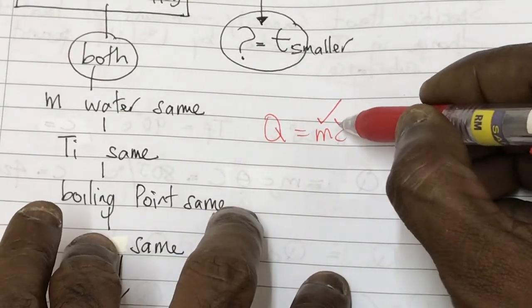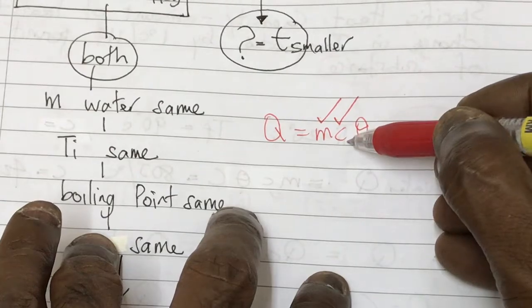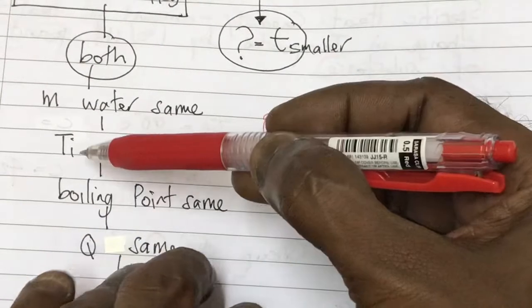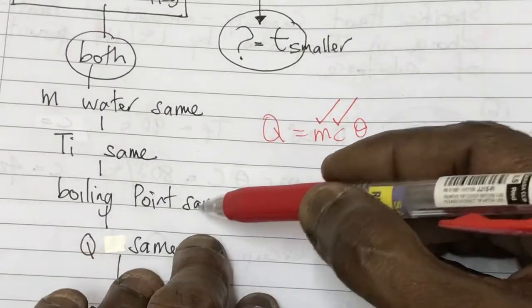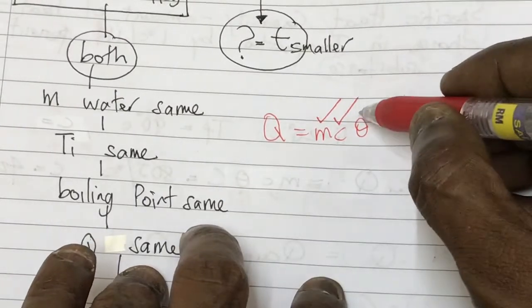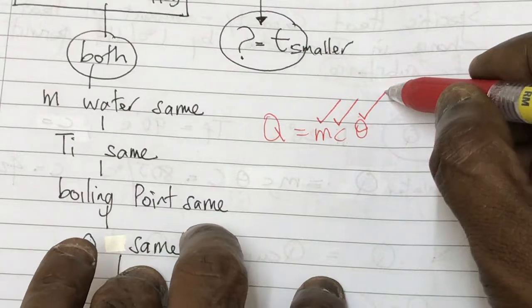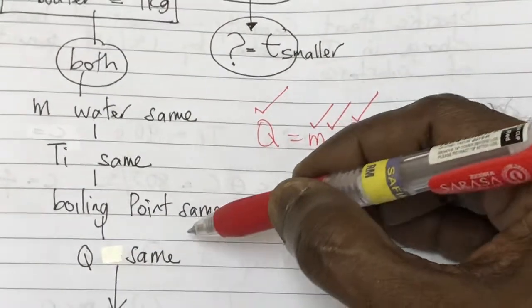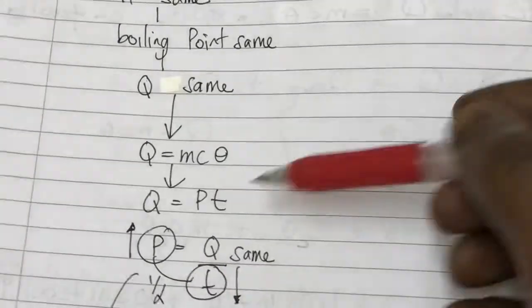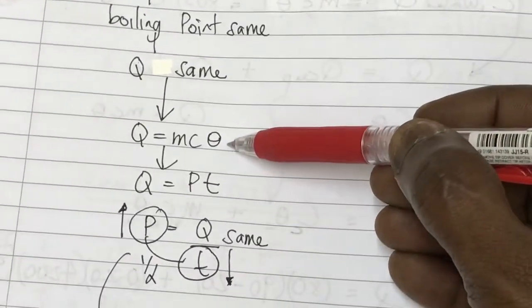They have the same specific heat capacity of water. Since they start with the same initial temperature and the final temperature is the same boiling point, theta, the change in temperature, is also the same. Therefore, the heat used is the same.